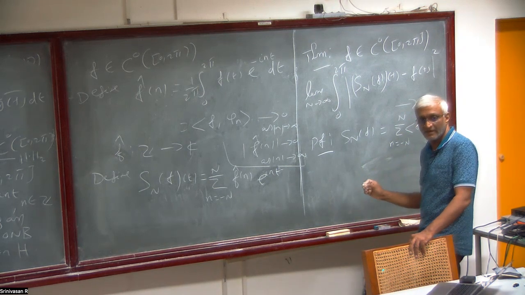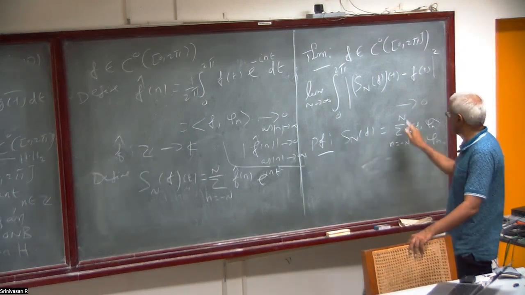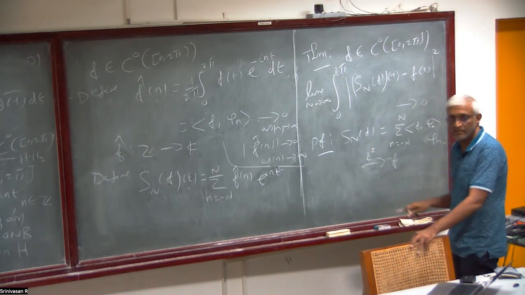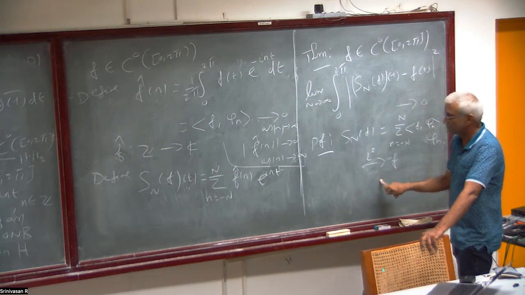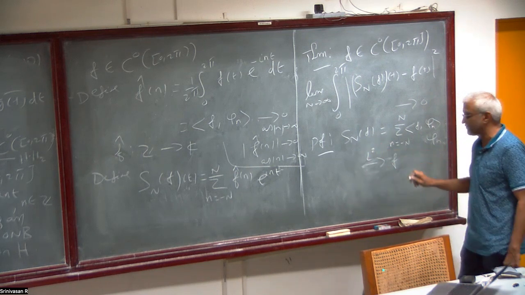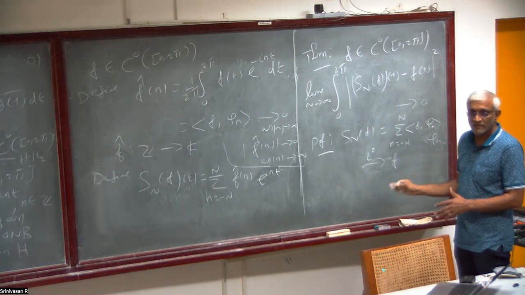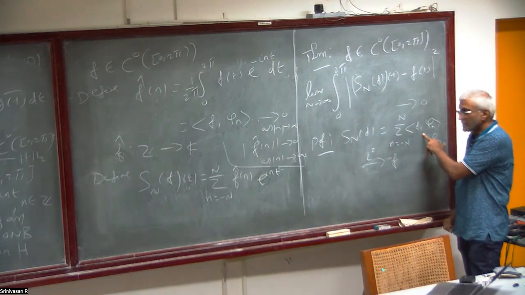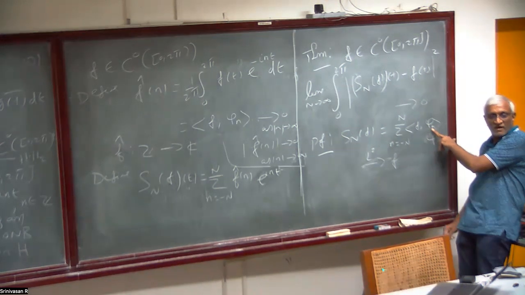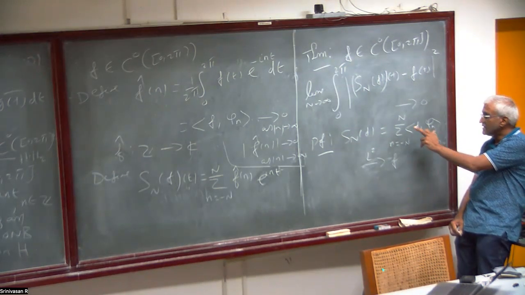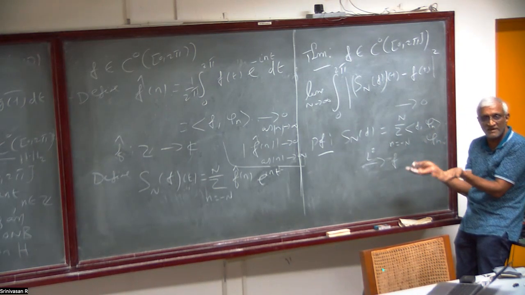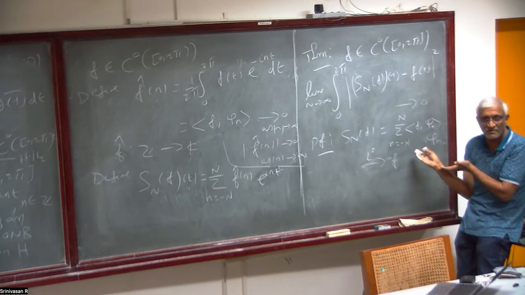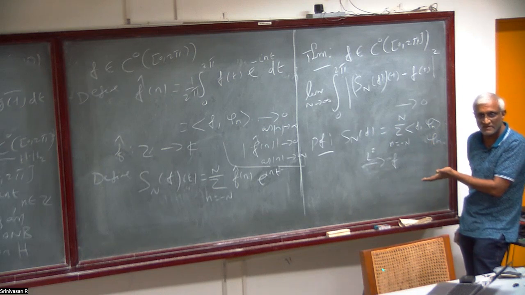This converges to f in L2. That is from Hilbert space theory. This is an orthonormal basis. You take the inner product with an orthonormal basis and write it like this. Then this converges to f, which is the statement in Hilbert space. That's in fact one of the definitions of an orthonormal basis.